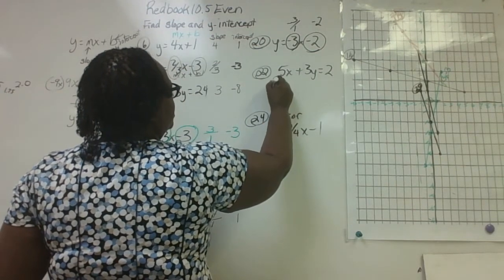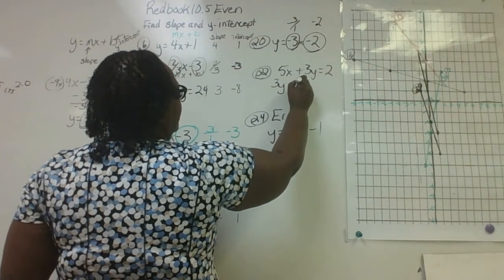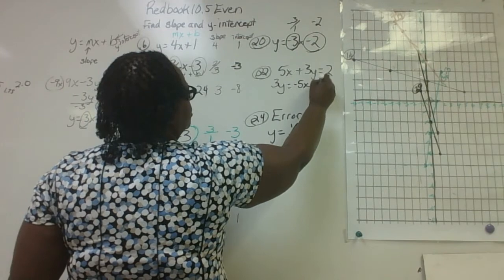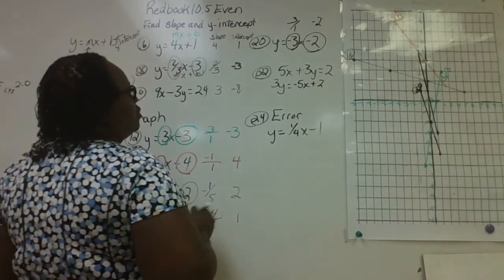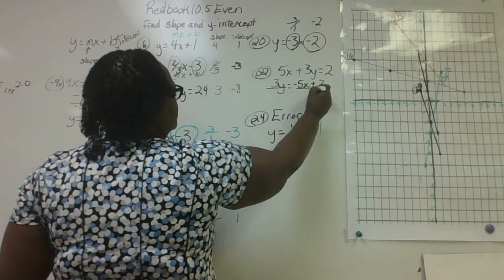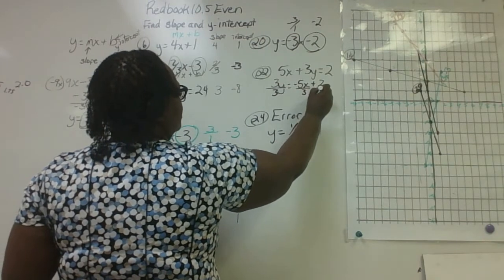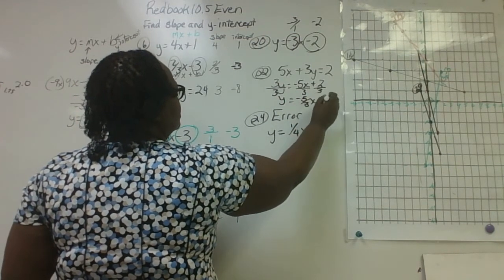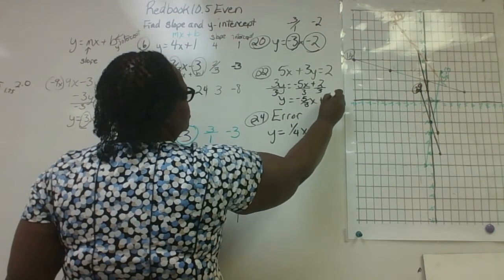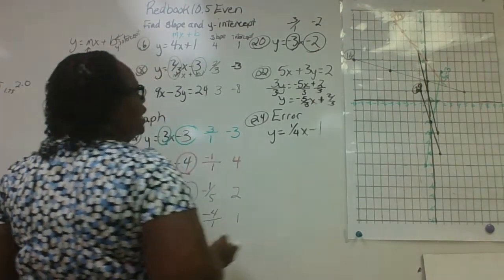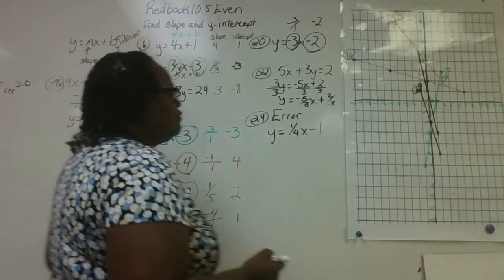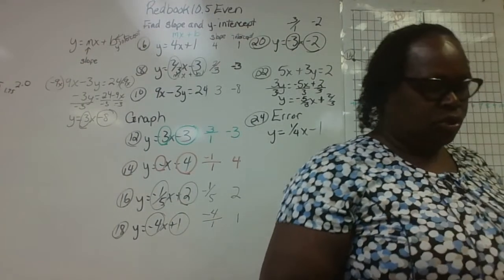So we have 3y is equal to -5x, okay, +2 because it's positive. Now we're going to divide each side by 3, and y is going to be equal to -5/3 x +2/3, okay? All right, and so therefore that is our number 22.